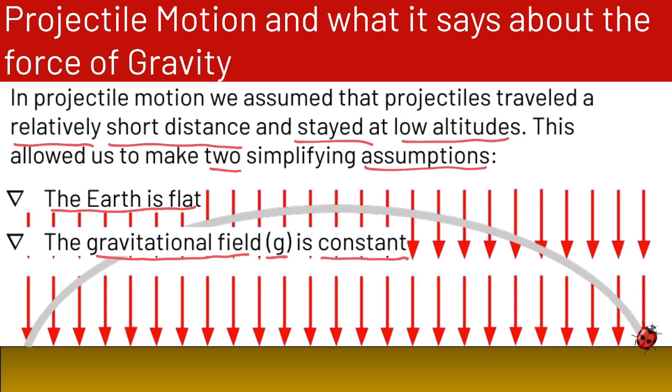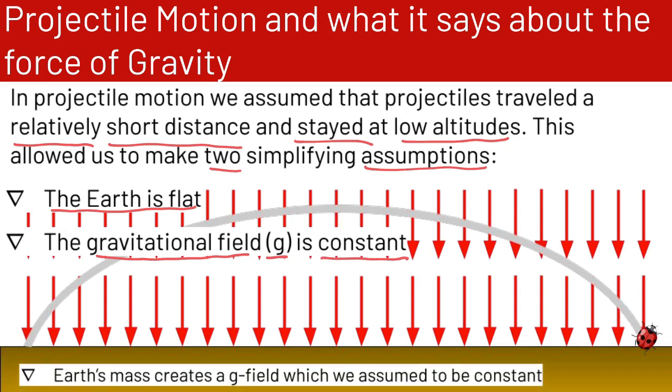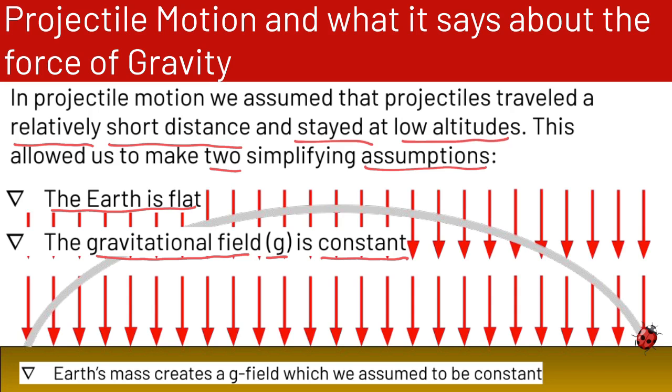So neither of these assumptions that we were making are true. Earth's mass creates a gravitational field, which again we assumed to be constant. Neither of these two things are true, but we use these assumptions when we were talking about projectile motion.